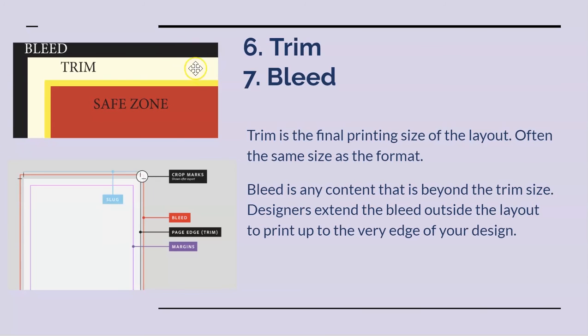So here it shows you that the trim's there, and then the bleed is always a little bit outside of the trim. Another example here, this black one is the trim, same size as the format, which is the page, and bleed just goes a little bit beyond that. Whatever is in the bleed section is not going to be printed out. That's why you get to the very edge of your design.